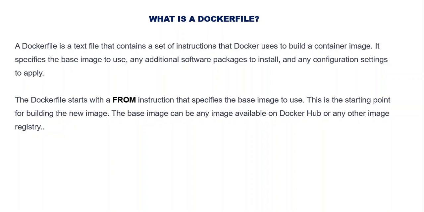It is the starting point for building your new image. It can be any image depending on the application you want to build. So it depends on your requirements and the application you want to build the image for.